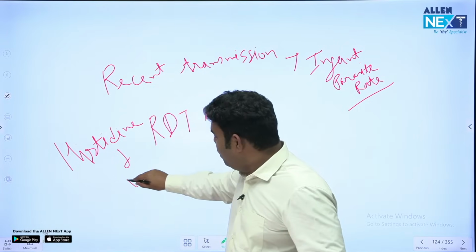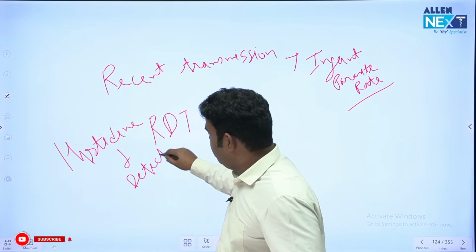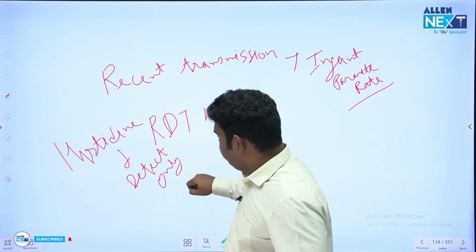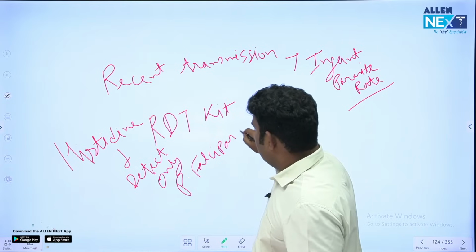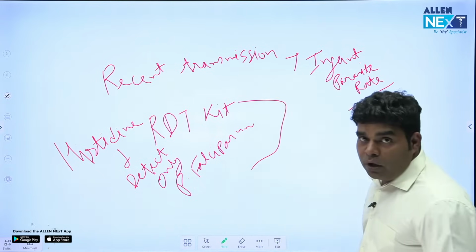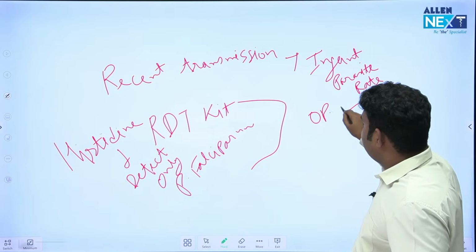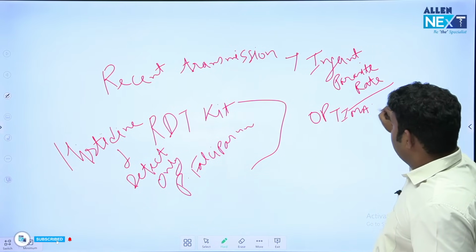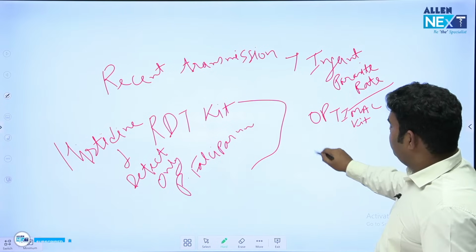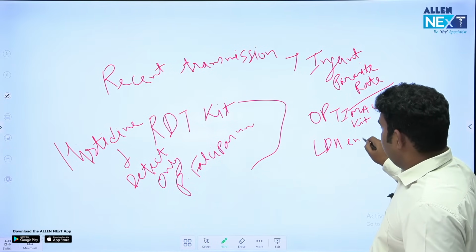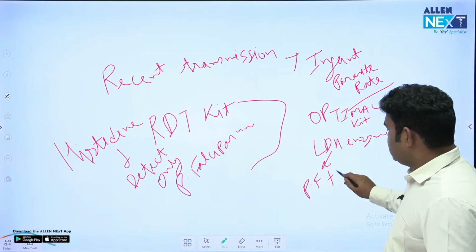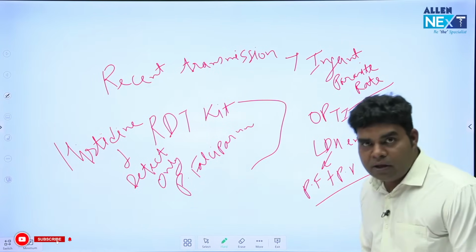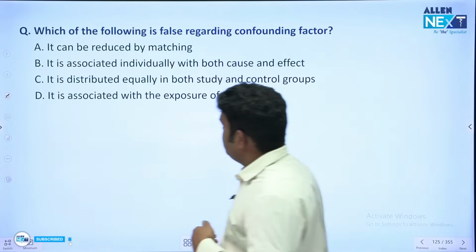No, it detects only Plasmodium falciparum. Only Plasmodium falciparum का पता लगाता है. There is one more kit which is the optimal kit. Optimal kit has lactate dehydrogenase enzyme, and that optimal kit with lactate dehydrogenase enzyme can detect both Plasmodium falciparum plus Plasmodium vivax. Okay, chalo, next question.